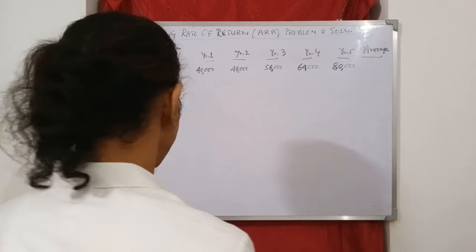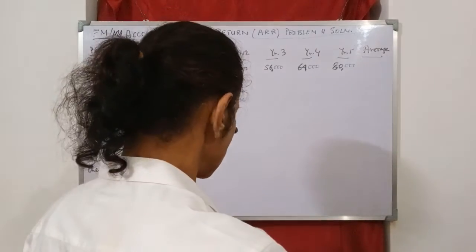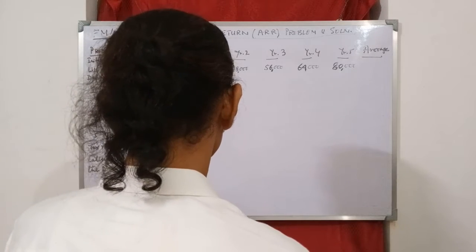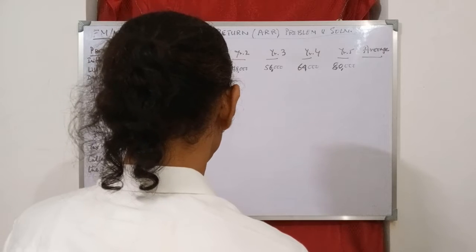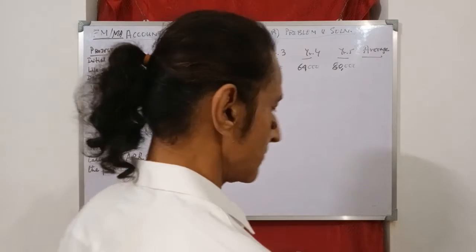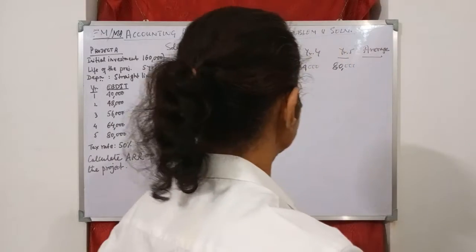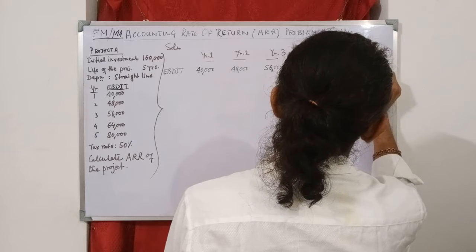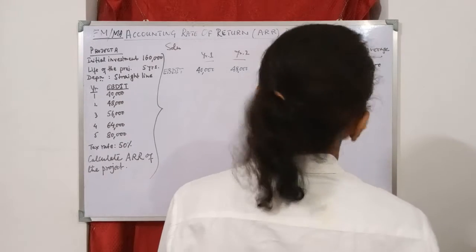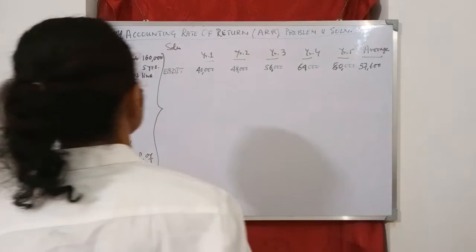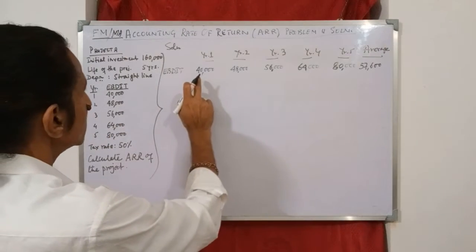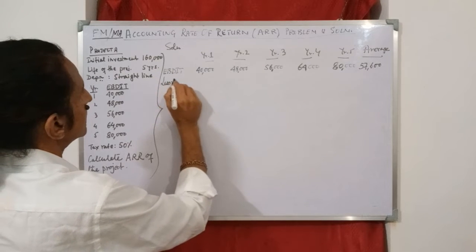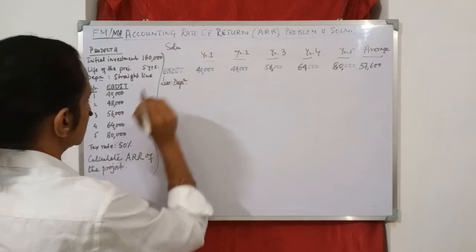This comes to 2,88,000. 288,000 divided by 5, so we get an average of 57,600. Okay, right. Now from these figures, that is EBITDA, you have to deduct depreciation, less depreciation.